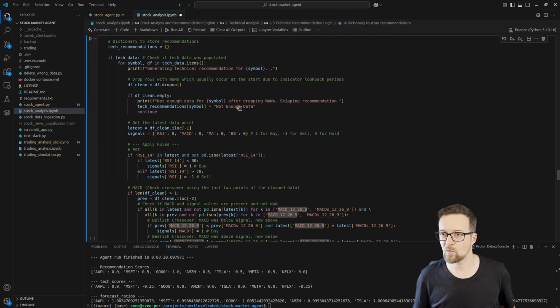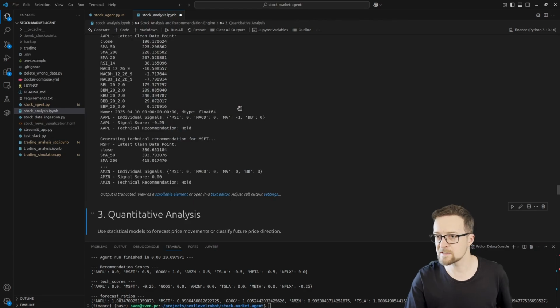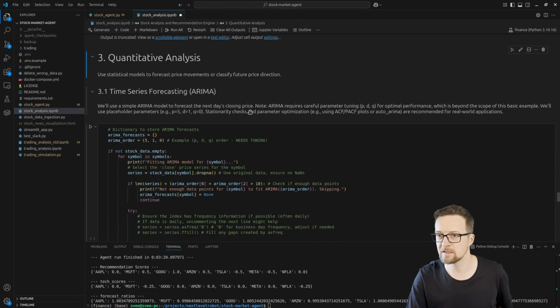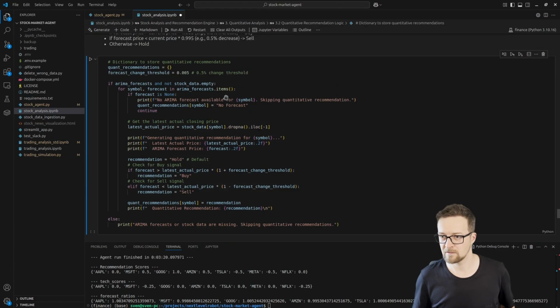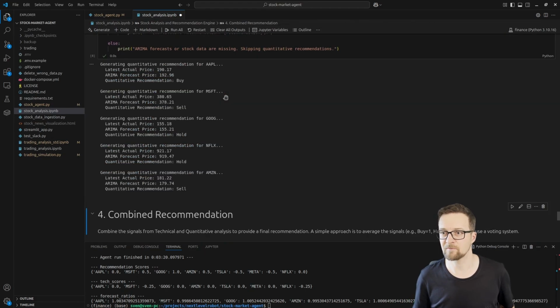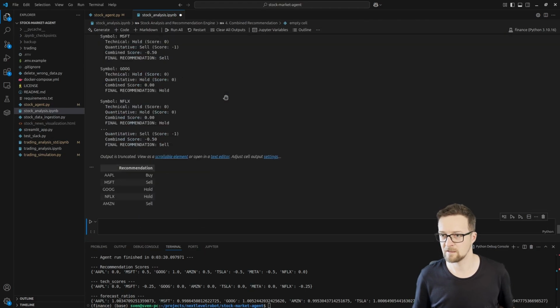The decisions when to buy and when to sell a stock is also explained here. And the ARIMA is also explained. And you end up with a recommendation, buying, selling, or holding a stock.